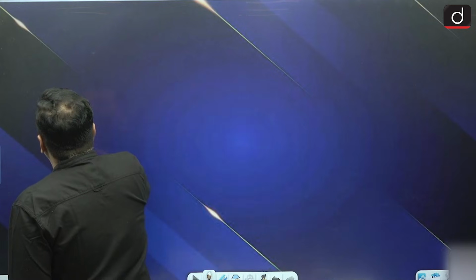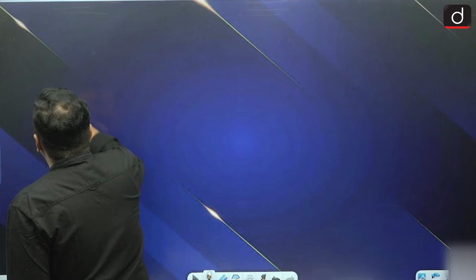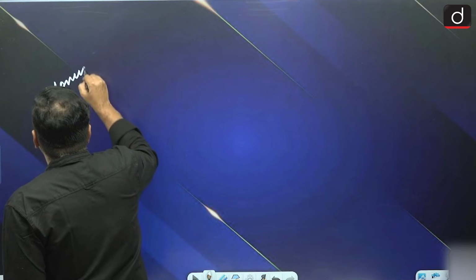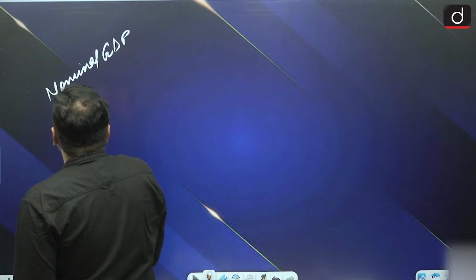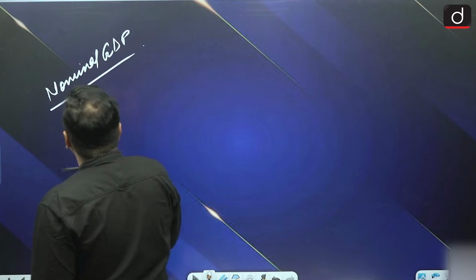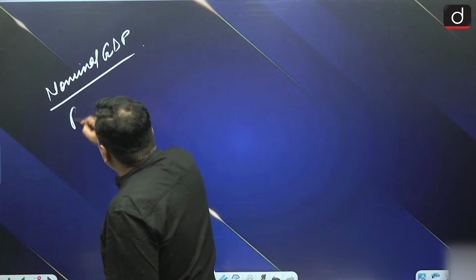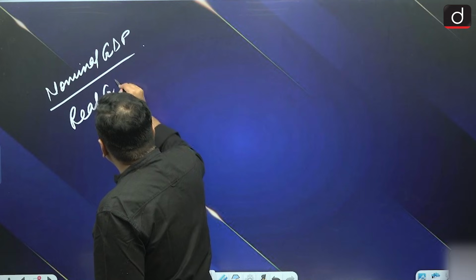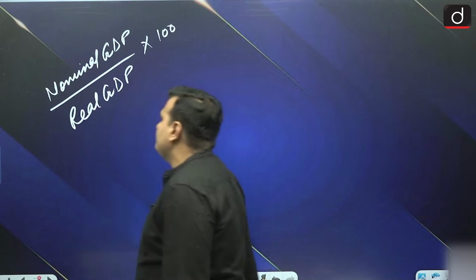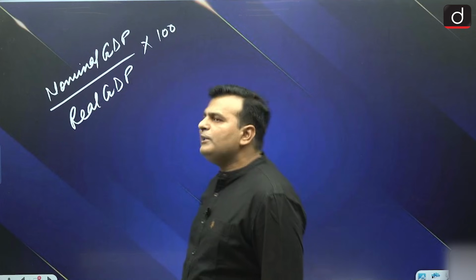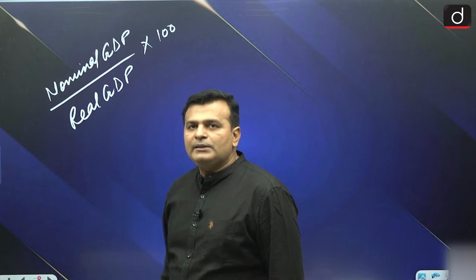In order to calculate GDP deflator, the nominal GDP of the country in a particular financial year is divided by the real GDP and it is multiplied with 100. So this is the formula that we use in order to calculate GDP deflator.